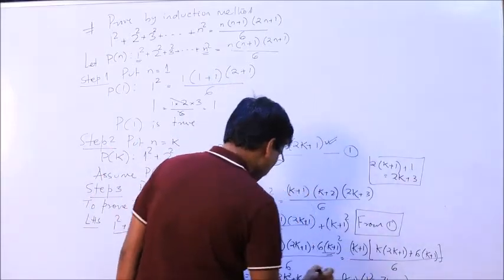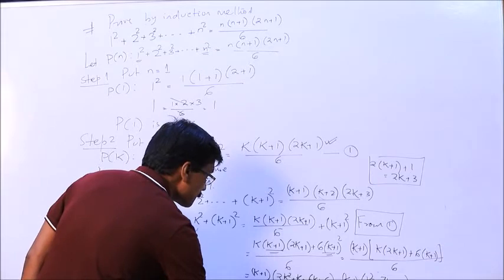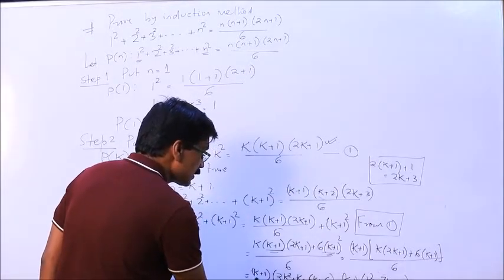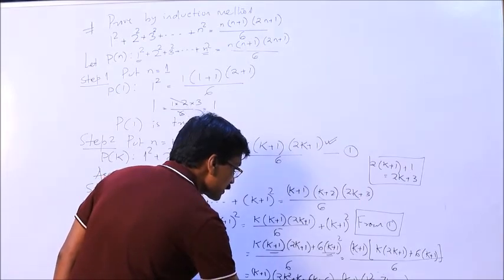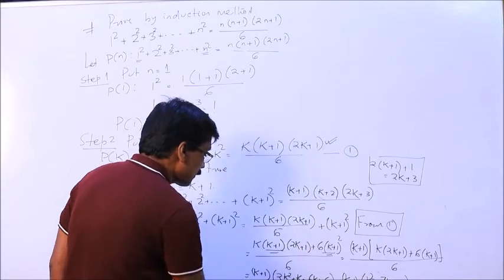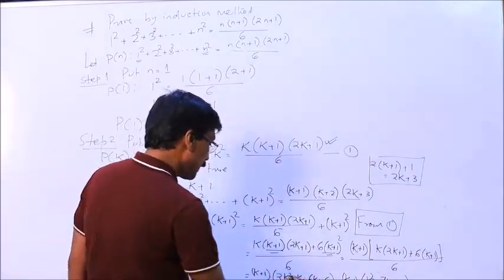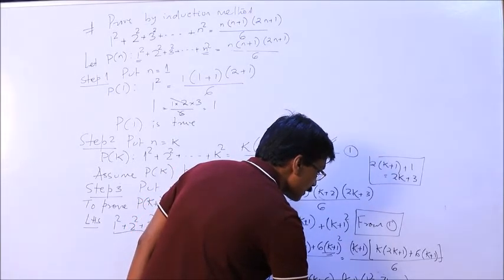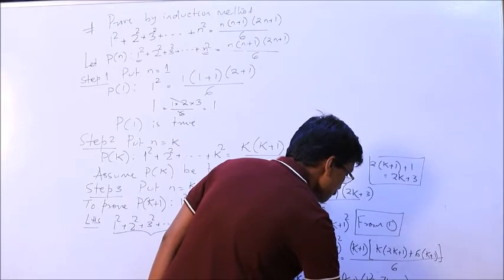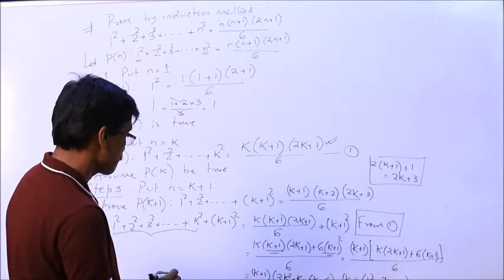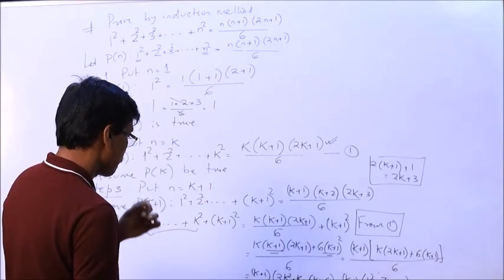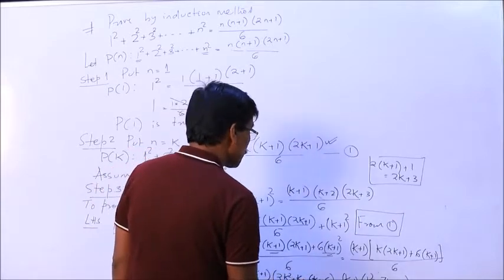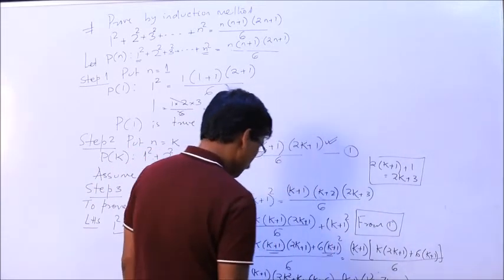Now, we can factorize 7k, that is (k+1) into (2k square plus 3k, sorry, 4k plus 3k plus 6) divided by 6.